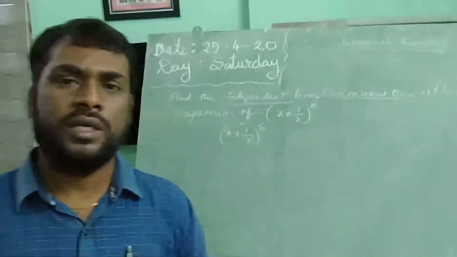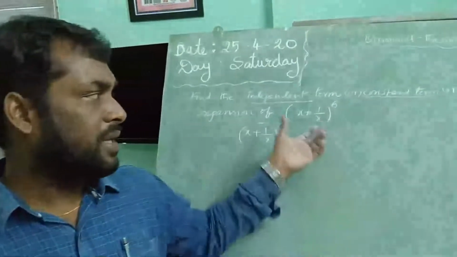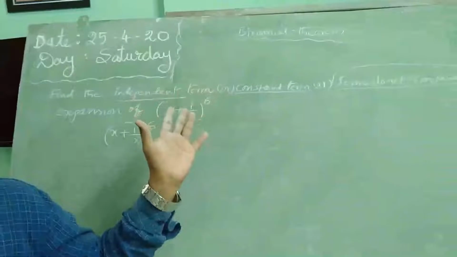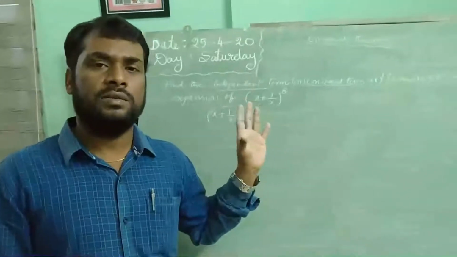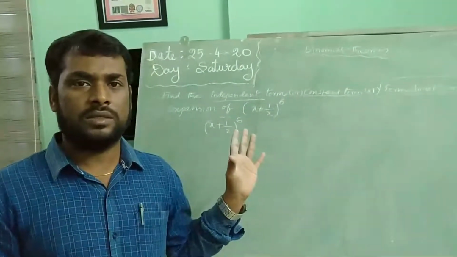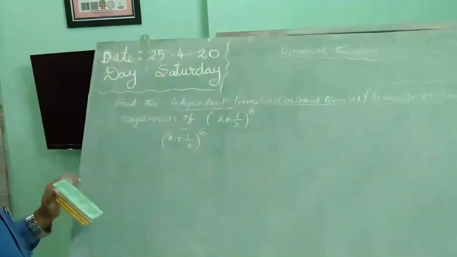Now I am going to introduce a shortcut to find the independent term or constant term or term not containing x. This shortcut is very useful in competitive examinations. Right. Now what is the shortcut?